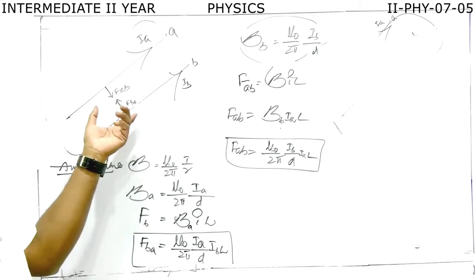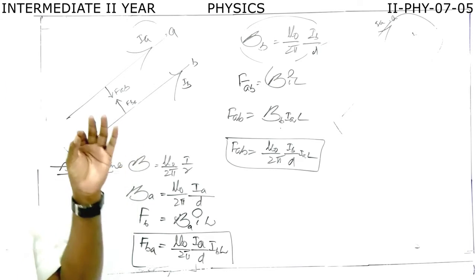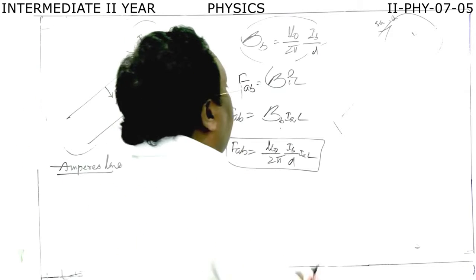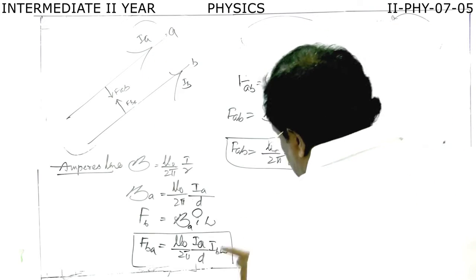So now this concept is called the force between two straight parallel current carrying conductors. So instead of these two, now we can write like this.